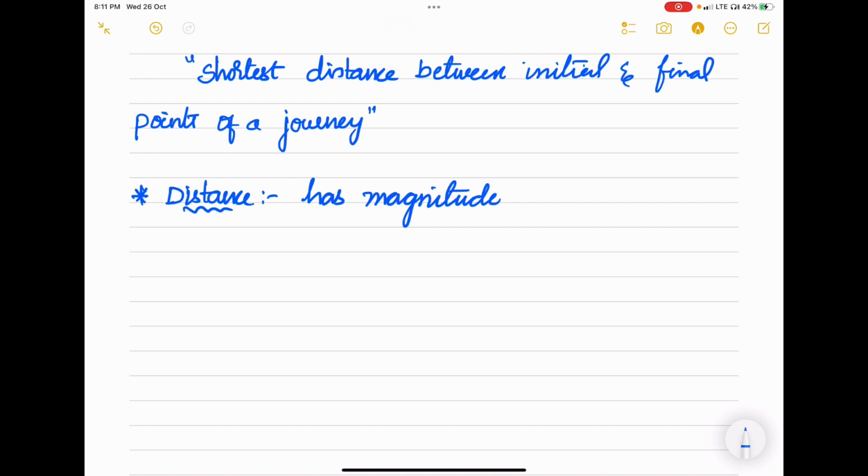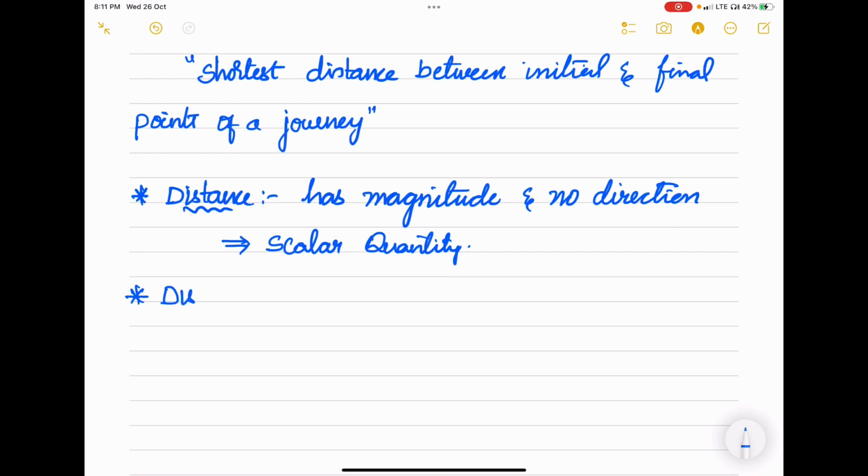So therefore it has magnitude and it doesn't have any direction. So distance has no direction. Thus distance is called as a scalar quantity.